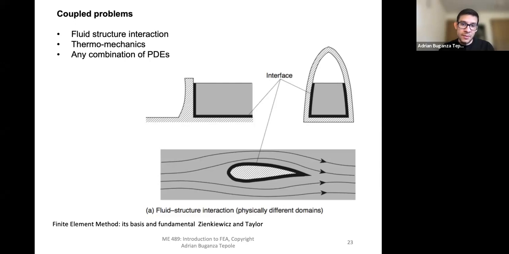I think COMSOL is probably the most common one that has really tried to do coupled problems. It has also its drawbacks, but it has really emphasized this idea of solving coupled problems. So I would say for coupled problems, maybe Abaqus might not be the best option.